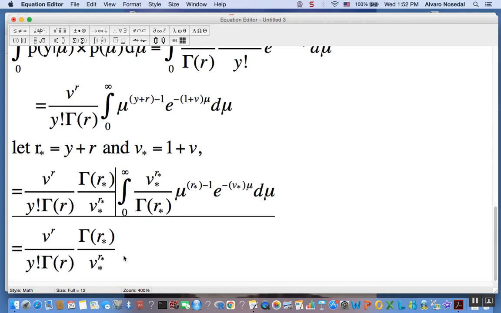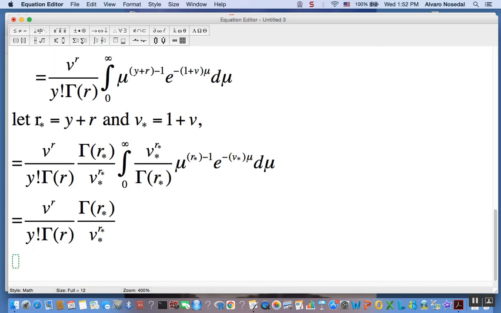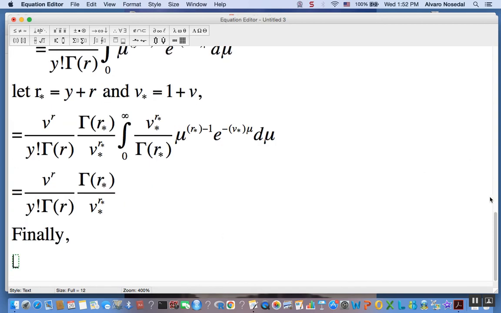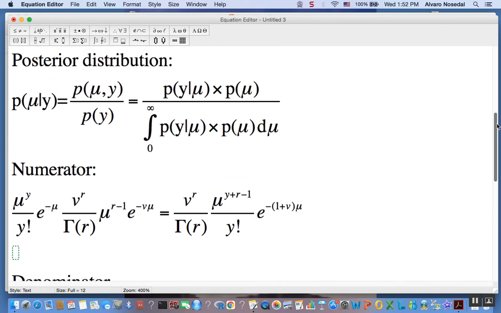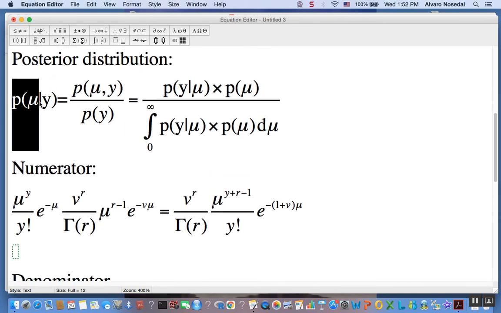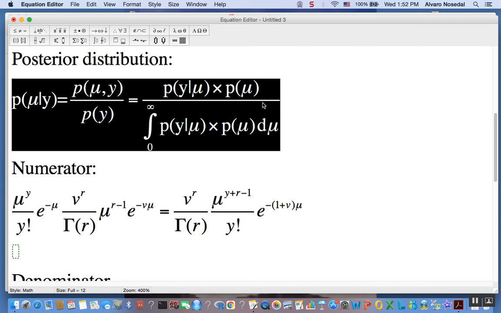So, and then we could just do the math here. Let's find the posterior. This happens to be our denominator. So finally, our posterior, we know, is given by that.